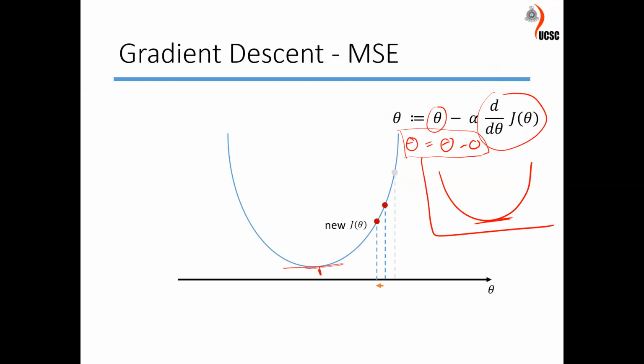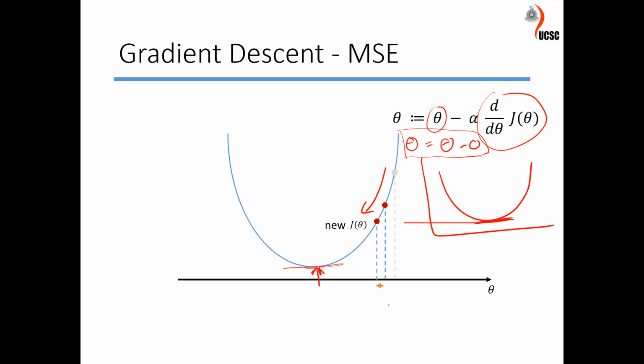it will go on in this kind of pattern. If you're familiar with derivatives, if we differentiate some function, it becomes zero at a maximum or a minimum. In this case, we have a minimum, so this is our minimum value. If we keep updating the theta, at this point our derivative becomes zero.